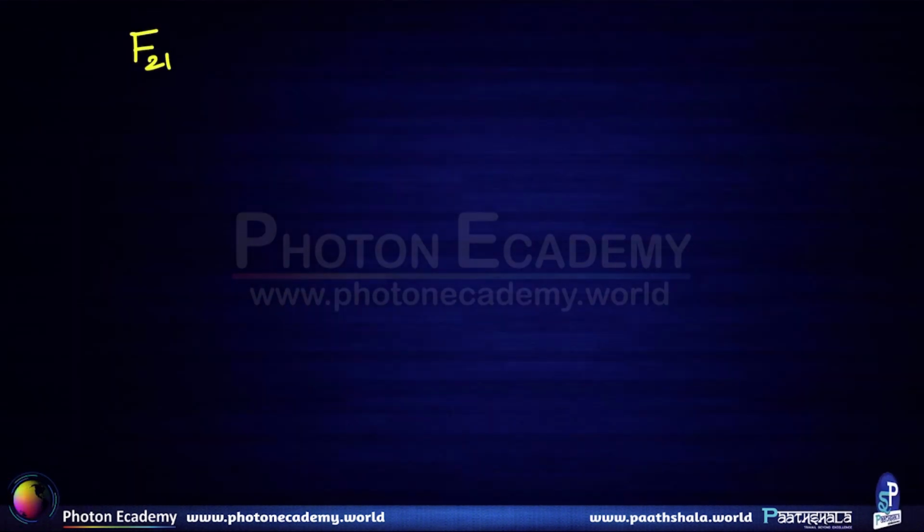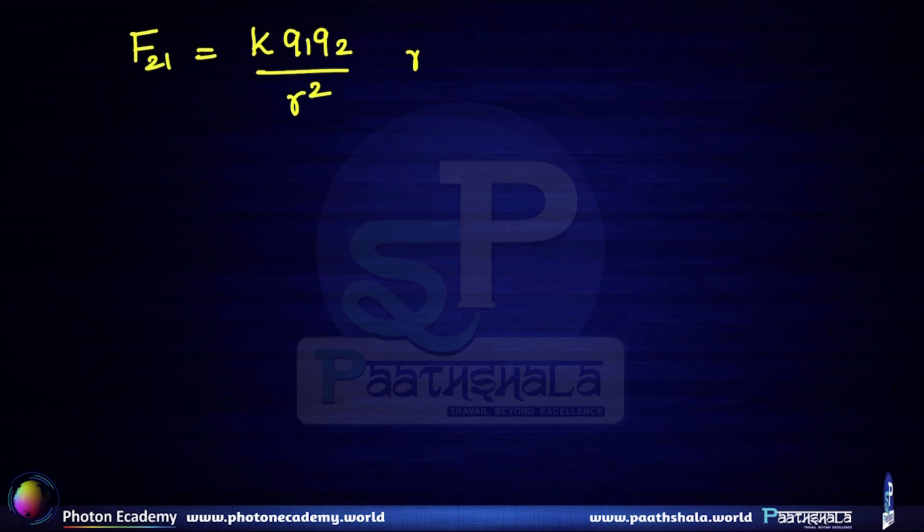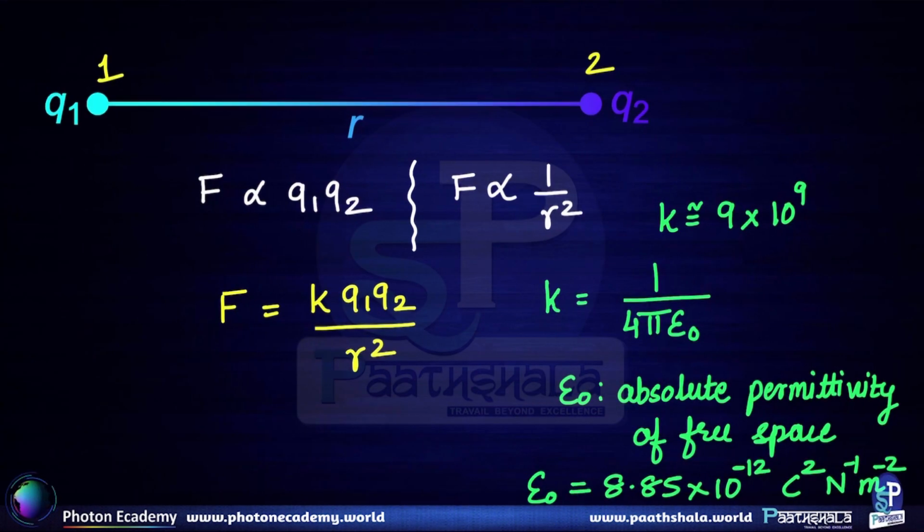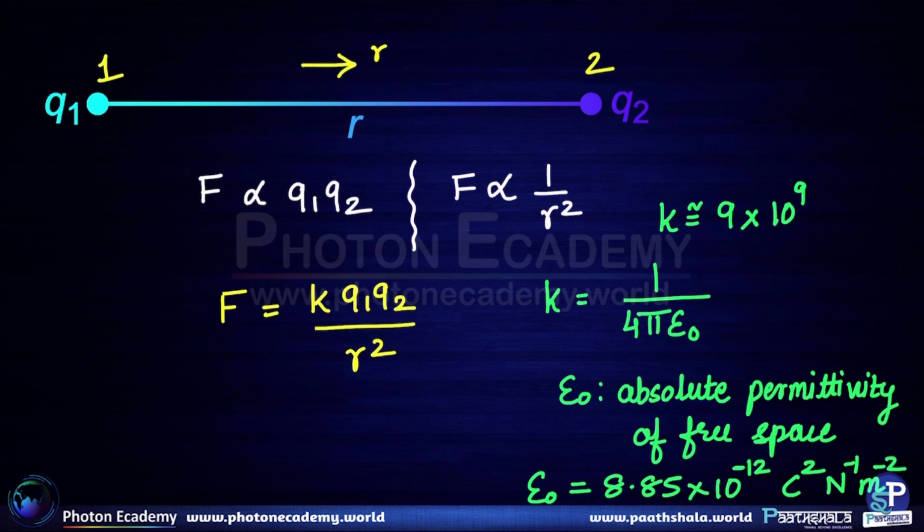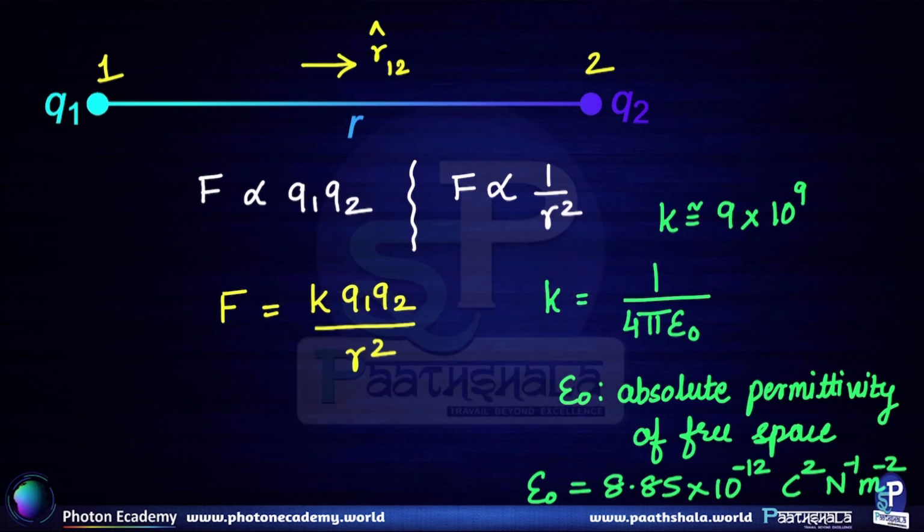F21 is going to be equal to K times Q1 Q2 upon r square, and then we have this unit vector r12 cap. So the force on charge 2 because of charge 1 is given by the same expression, but then we have this unit vector r12, which points from the location of charge 1 to the location of charge 2.